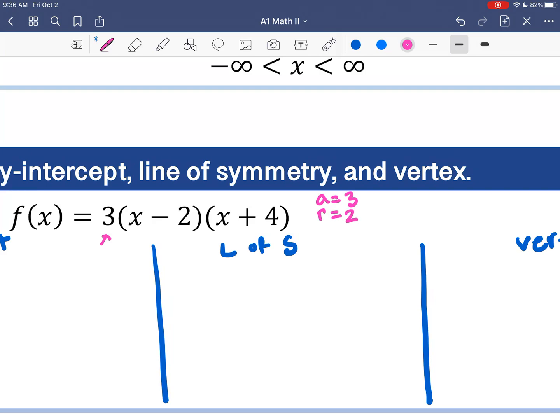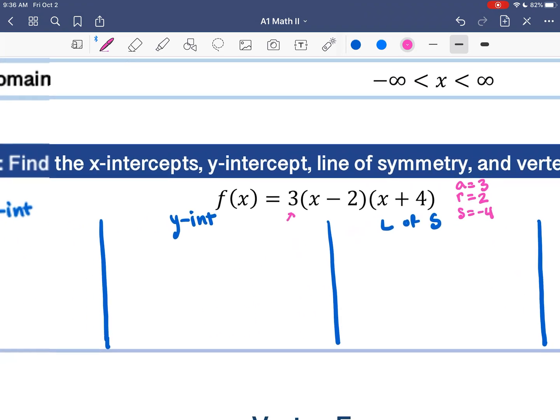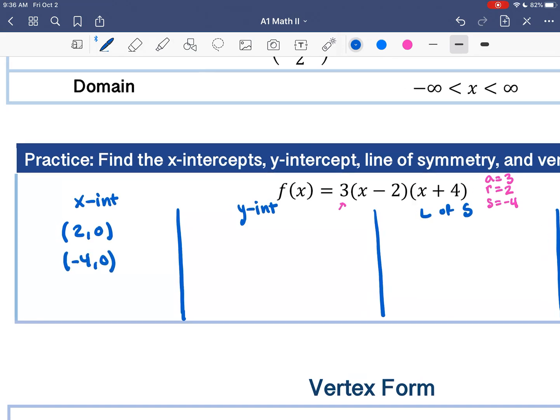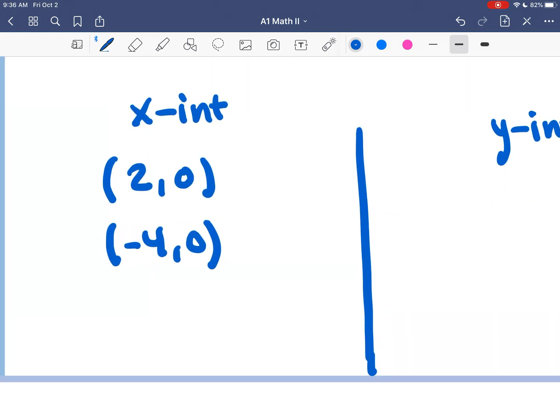So even though it looks like a -2 in there, it should be a +2. And likewise, the s looks like a +4 in there, but there's a negative in the formula, which means that we must have plugged in a -4. So now that we have a, r, and s, our x-intercepts are super easy because they're just r and s. The first x-intercept is 2, 0, and the second is -4, 0.